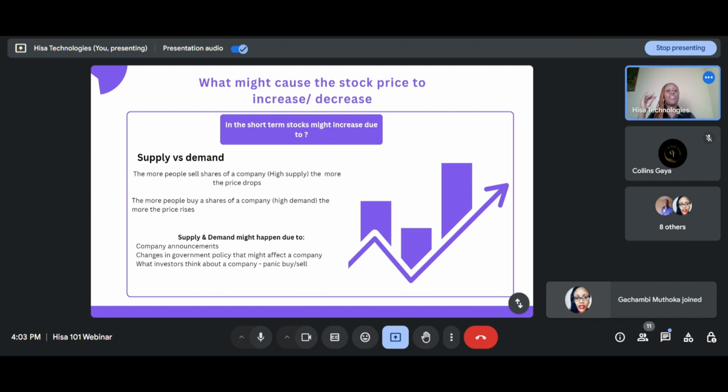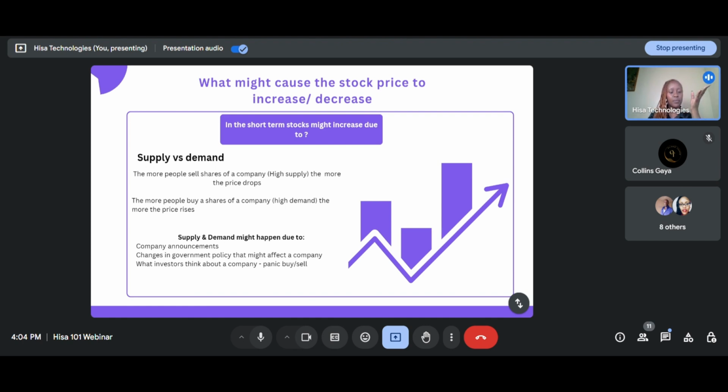So the more people sell a company, the lower the price falls. And the more people buy shares of a company, the higher the price goes up. It is entirely supply and demand, ni hivyo tu. All right.